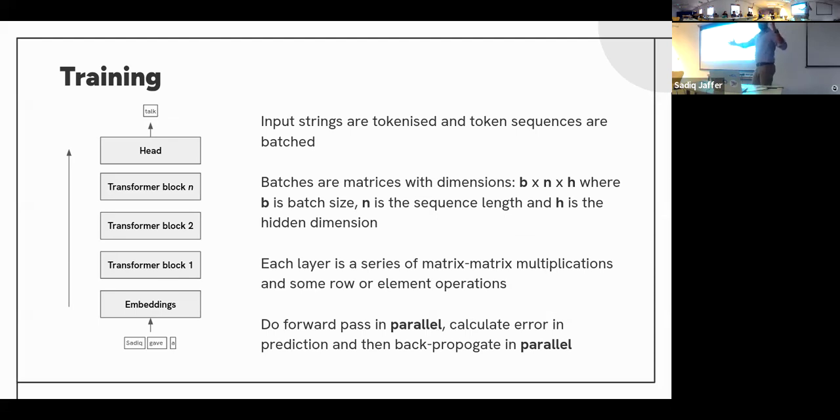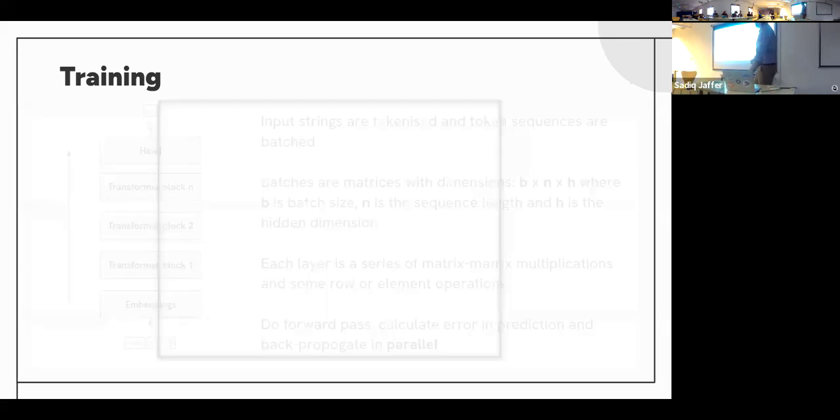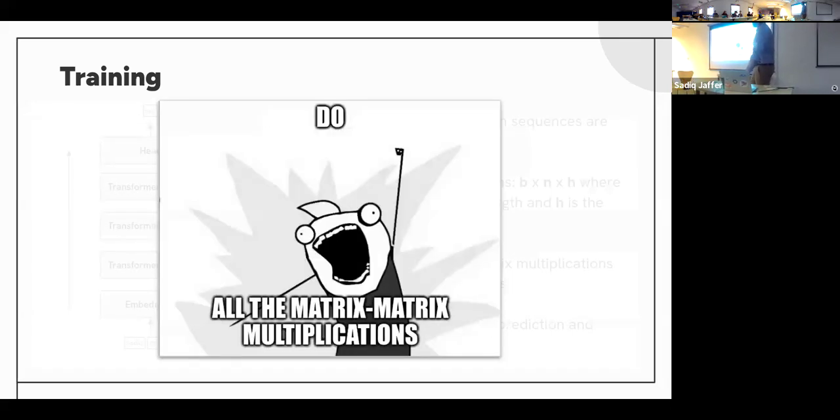So we end up with these multi-dimensional matrices, and each layer can then be formulated as a matrix multiplication of that large matrix, right? So we can do these in parallel, right? GPUs love matrix multiplication. So we can do the forward passes as big matrix multiplications going forwards, calculate our error, and then in the backwards pass we do a similar thing, right? And that's all I mean to talk about, right?